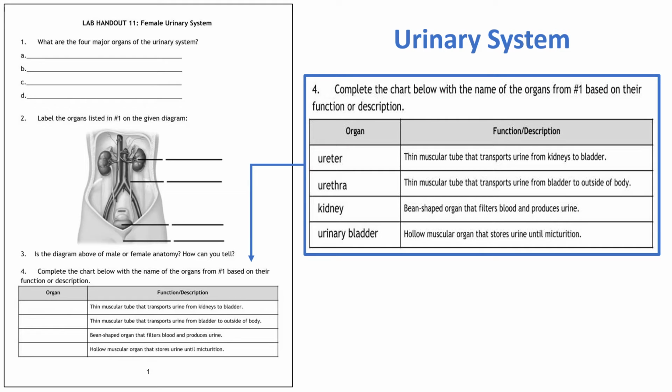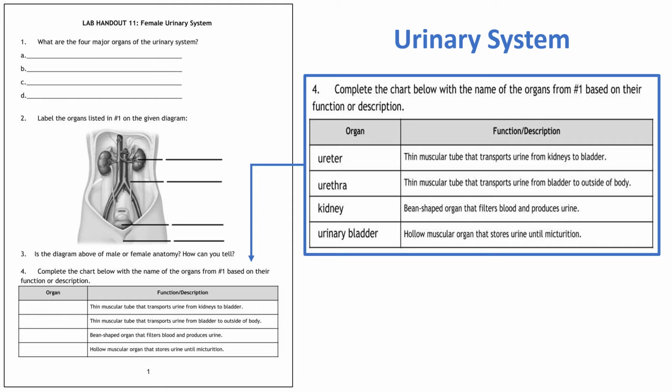Complete the chart below. Ureter is a thin muscular tube that transports urine from kidney to bladder. Urethra is also a thin muscular tube that transports urine, but from the bladder to outside of the body.